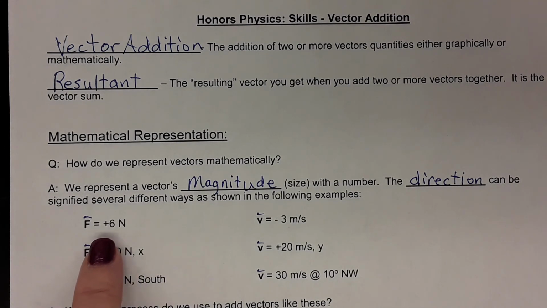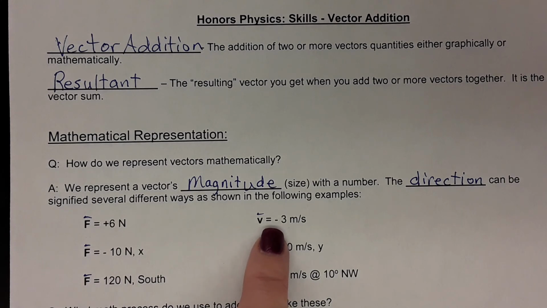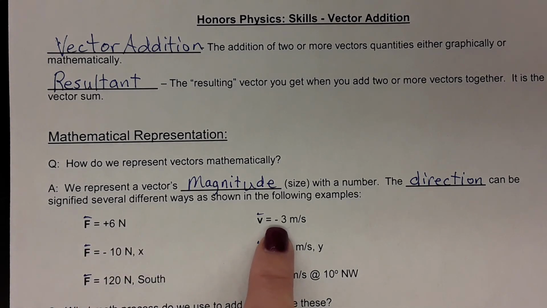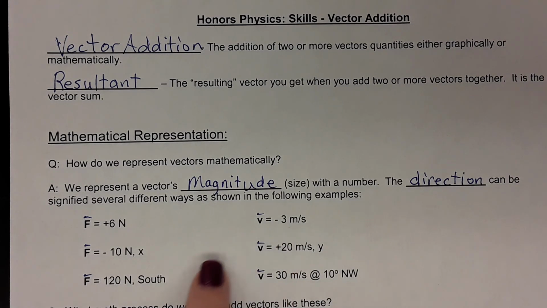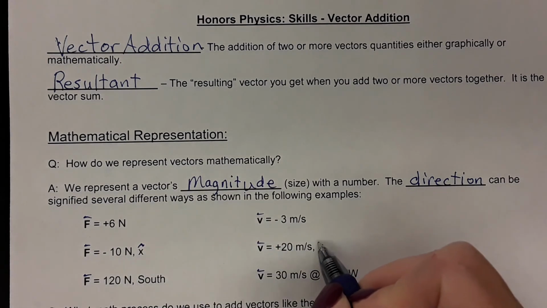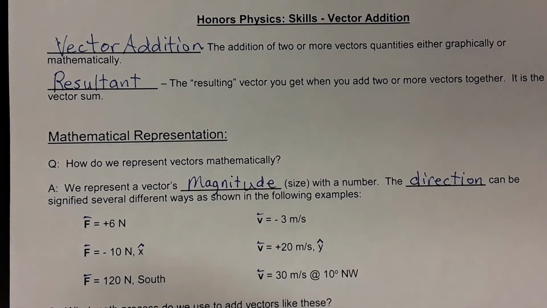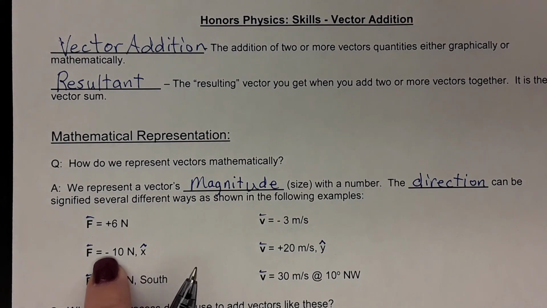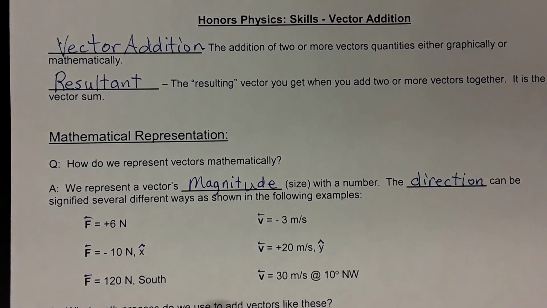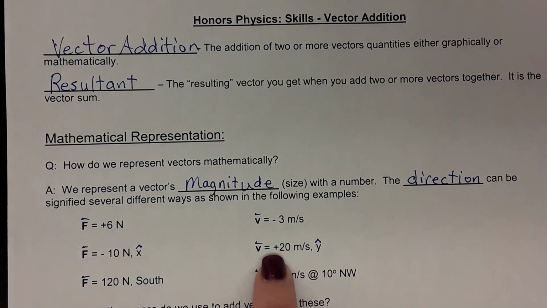Directions can be as simple as positive and negative, for example, forward and opposite of forward, the other direction. They can be as simple as an axial direction in a Cartesian system. Negative 10 newtons, or 10 newtons along the negative x-axis. In other words, that way. Okay? 20 meters per second in the positive y direction.